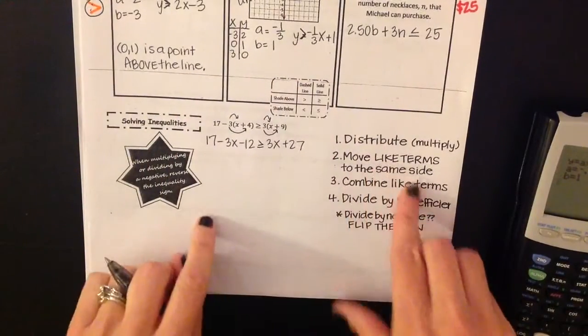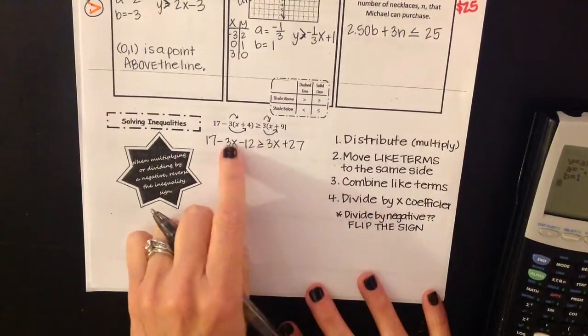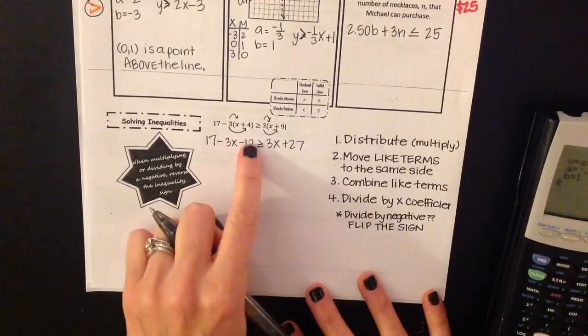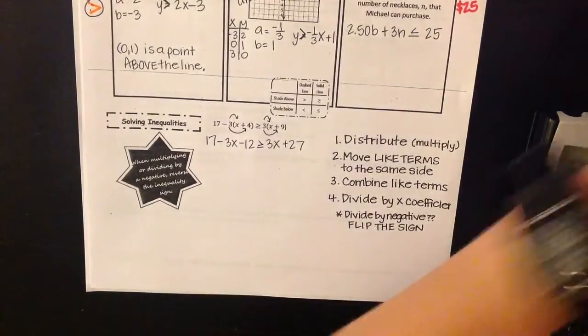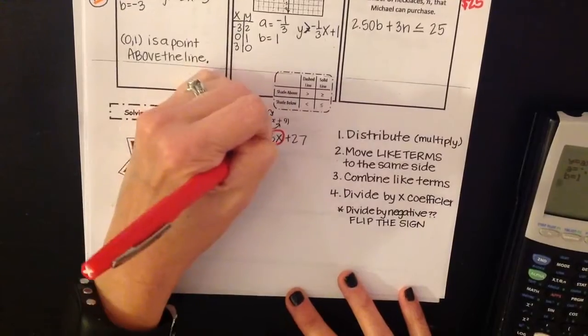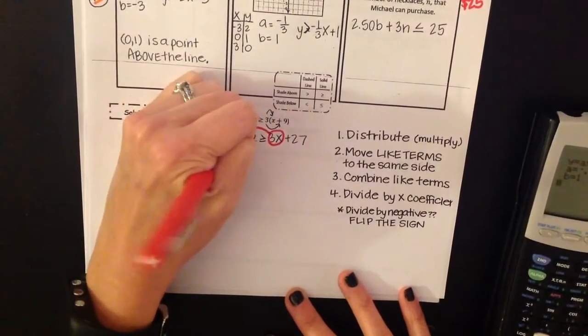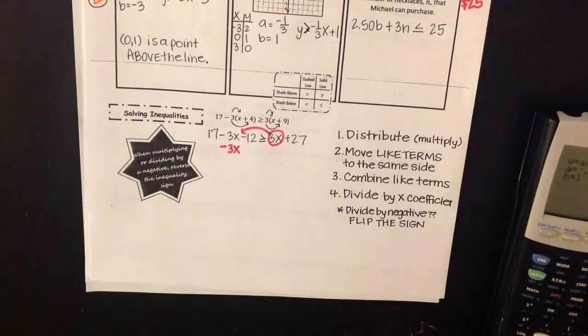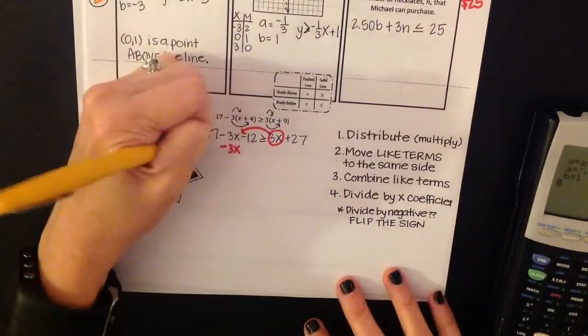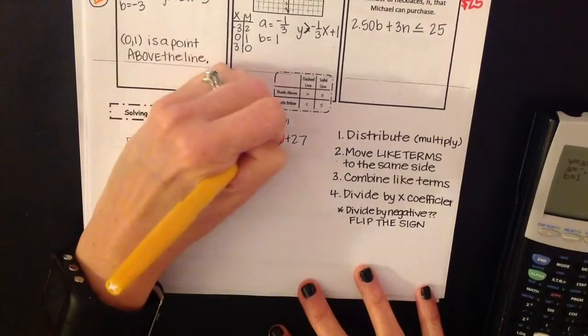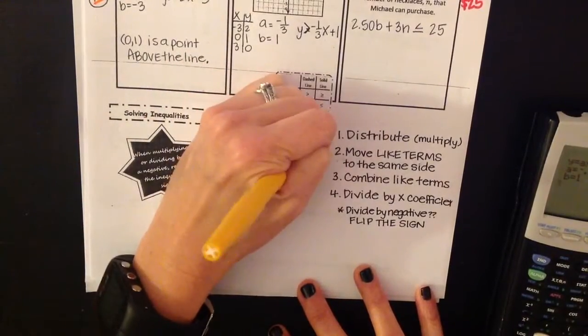Next, you're going to move all your like terms to the same side. So if it has a variable with it, you want to move all your variables to the same side. So I'm going to move this 3x over here. That changes the sign. And now I've got 2 constants I'm going to move over here. So that's going to change the sign of the 17.